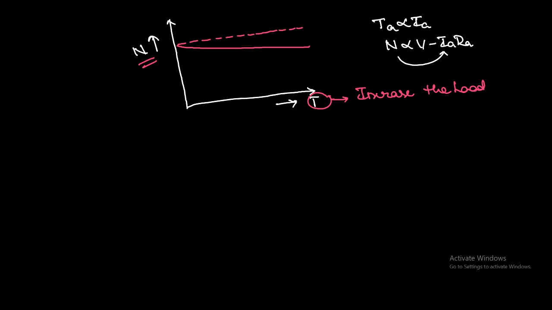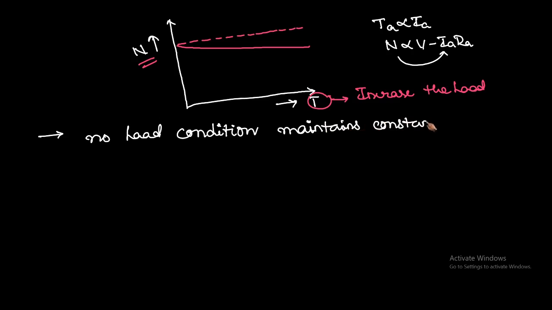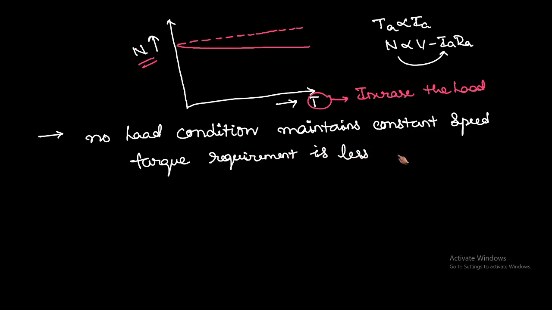So let us summarize the characteristics of the DC shunt motor. The machine operating under no load condition maintains a constant speed. We use the shunt motor in applications where the torque requirement is less and the speed is constant.